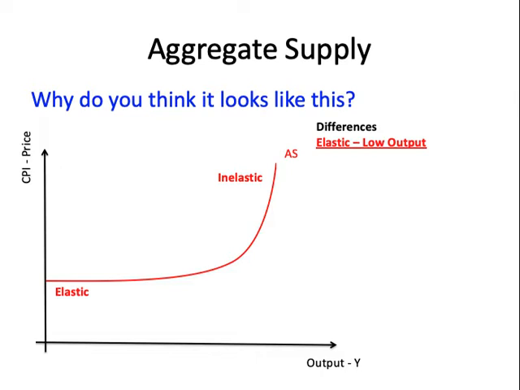If output's low, that typically means that there are very many idle resources, whether that be unemployment or resources just not being used. If our output is low, people aren't working. Our economy is slowing down, and things aren't producing as much.